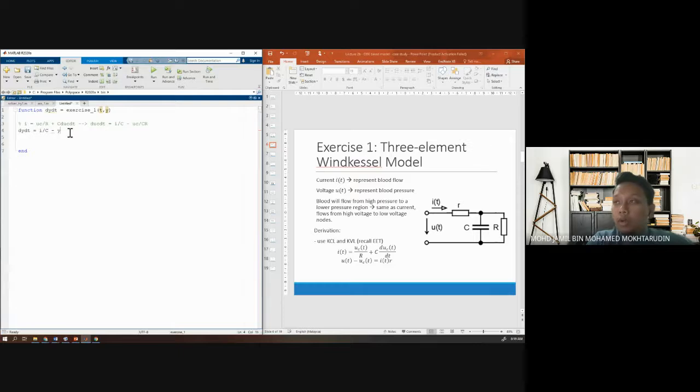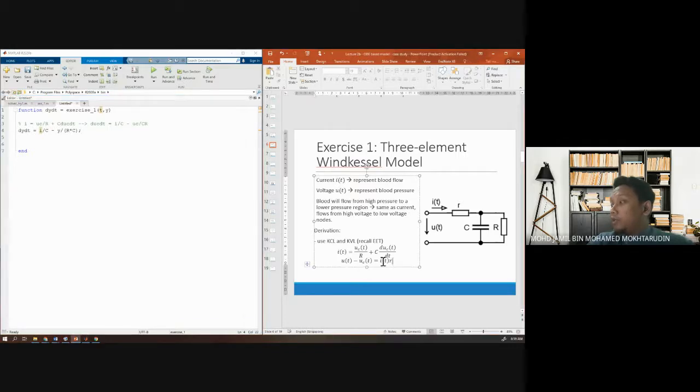So you just write y over R times C. Next, we don't have the I, so I comes from the second equation here. Later on we will see more detail about I.